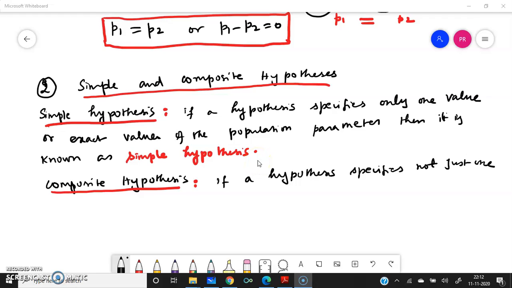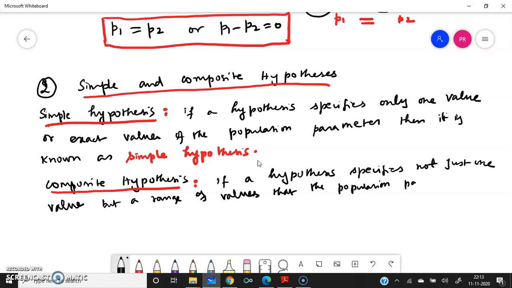We will now try to understand what a composite hypothesis is. If a hypothesis specifies not just one value but a range of values that the population parameter may assume, it is called a composite hypothesis.